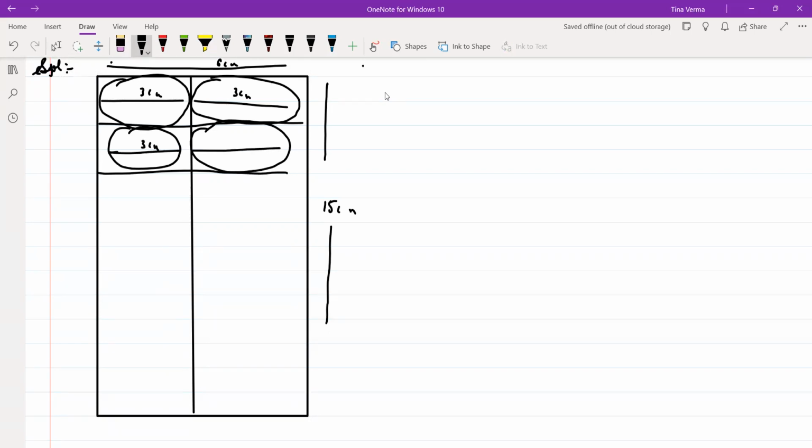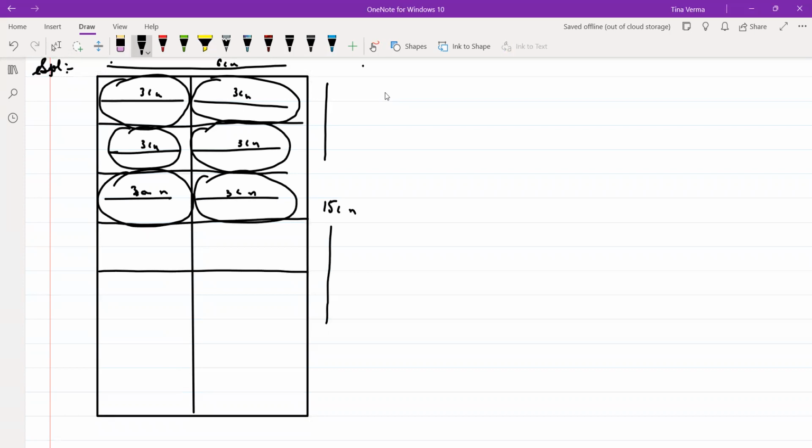So this is 3 centimeter, 3 centimeter. So 3, 6, 9, 12, and the rest is 15.